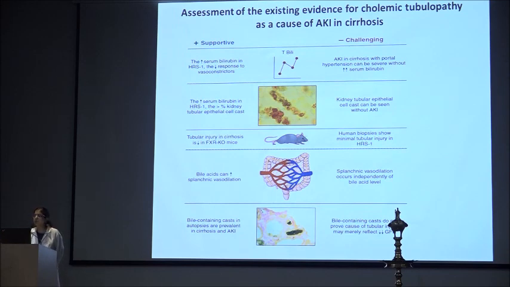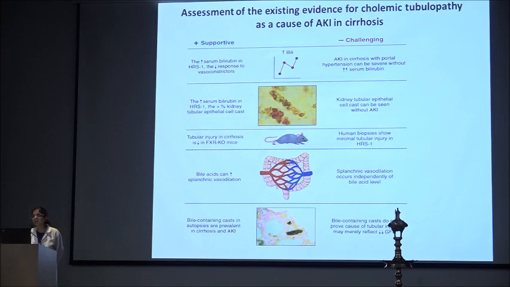Whether tubular casts are actually causing the AKI or whether the high bilirubin is the cause, there are supporting and not supporting evidences in this regard. As we can see, with high serum bilirubin in HRS1, we know there is a decreased response to vasoconstrictors, and in patients who have higher serum bilirubin, their kidney biopsies show more tubular epithelial cell casts.